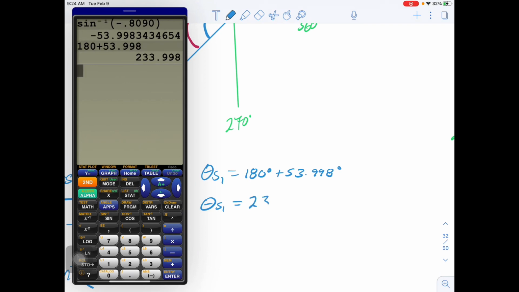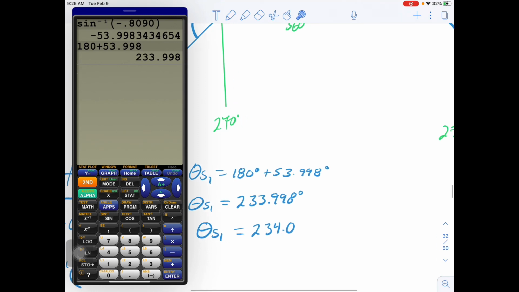That gives us 233.998 degrees. And we're going to round that to the nearest tenth. So 234.0, because this 9 rounds up to a 10, which rounds this up to a 4. So there's our first standard angle.